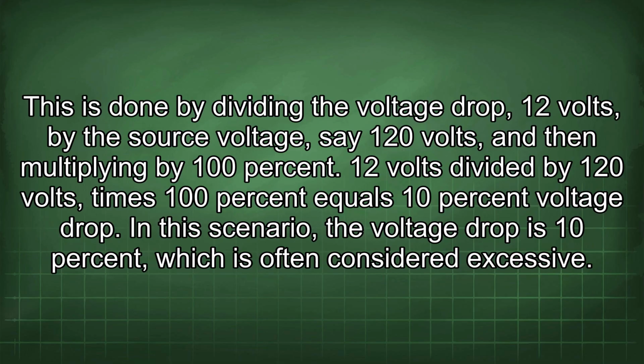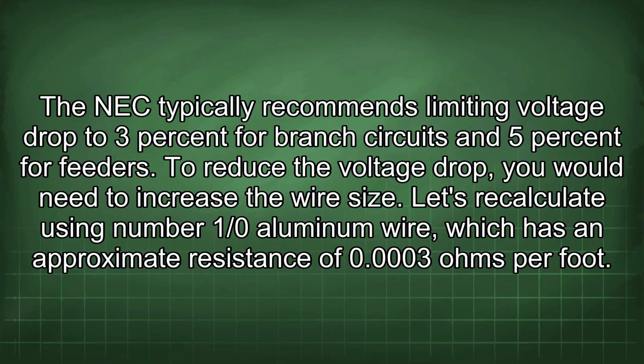This is done by dividing the voltage drop, 12 volts, by the source voltage, say 120 volts, and then multiplying by 100%. 12 volts divided by 120 volts times 100% equals 10% voltage drop. In this scenario, the voltage drop is 10%, which is often considered excessive. The NEC typically recommends limiting voltage drop to 3% for branch circuits and 5% for feeders.